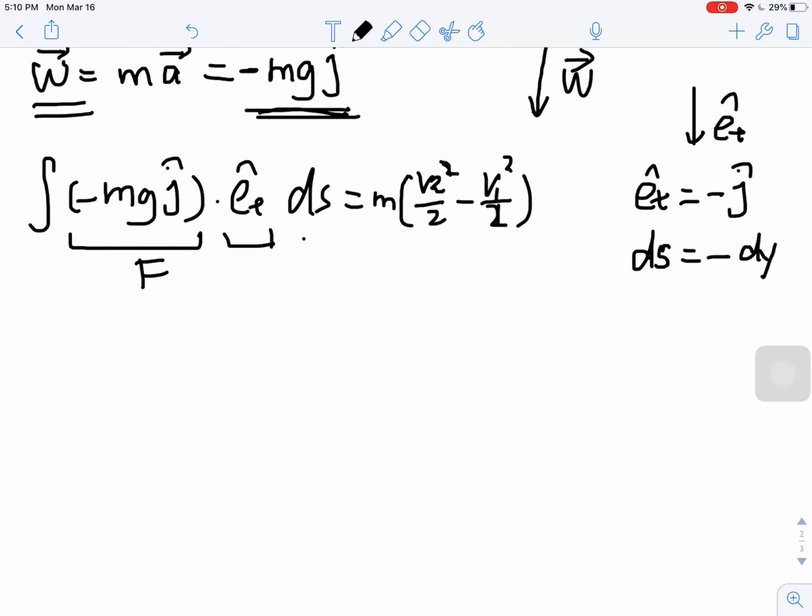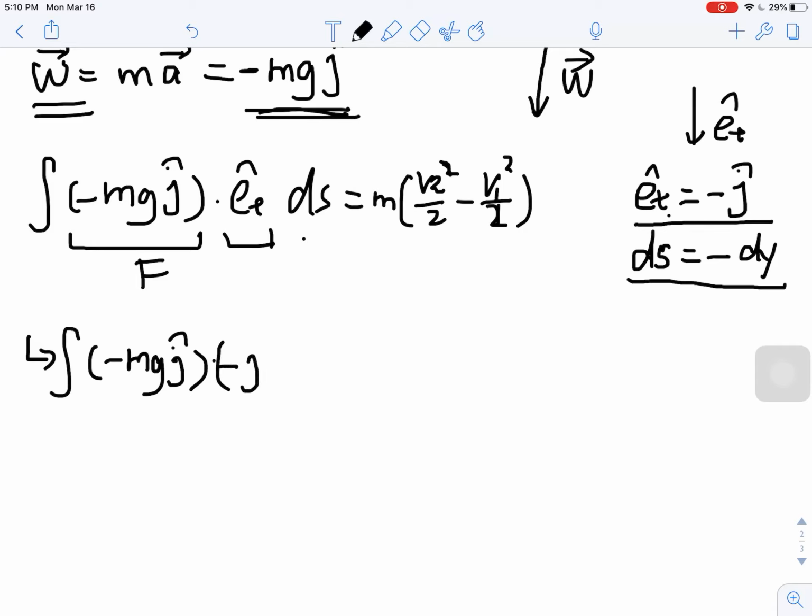Because we know the translation between e_t and j, and ds and dy, we can substitute into this expression. We end up with negative m g j, replacing e_t with negative j, replacing ds with negative dy, and the whole thing equals m times v2 squared over 2 minus v1 squared over 2.